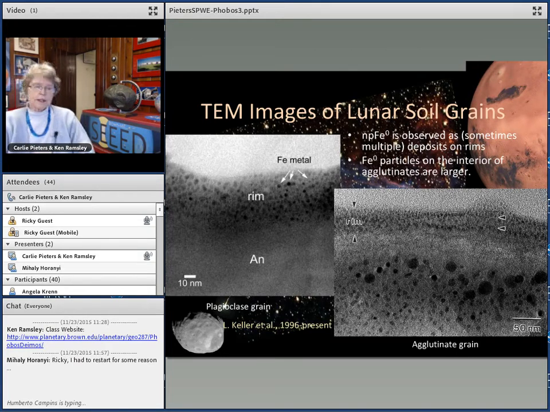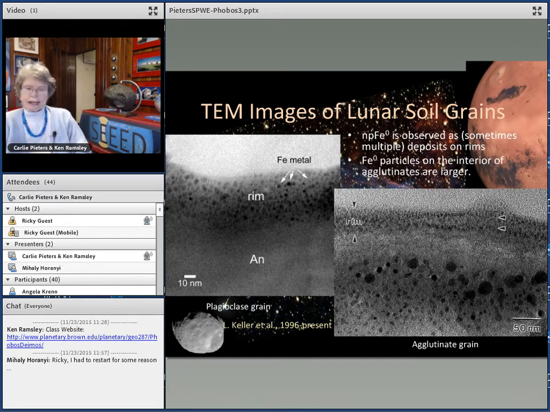The one on the left is a plagioclase grain, and for those of you who are petrologists, you know plagioclase doesn't have a lot of iron in it, but the rims of the plagioclase are peppered with these nanophase metallic iron components, which do not occur in the interior of the grain. There's a scale there, so you can see that these are really tiny, a few nanometers in scale.